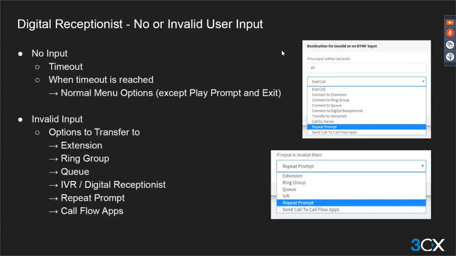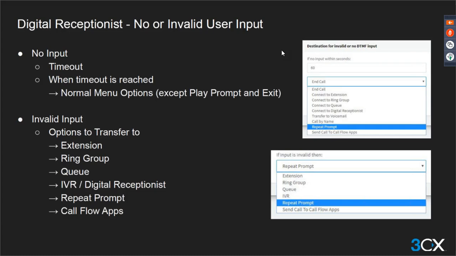So after the digital reception prompt is read out, the PBX will wait for the configured option to be entered. If no input is detected after the configured timeout, the PBX will forward the call based on the configuration. The normal menu options are available in this case, except for the play prompt and exit prompt.